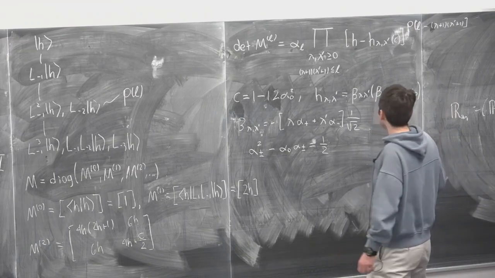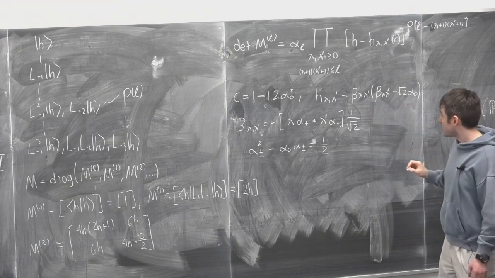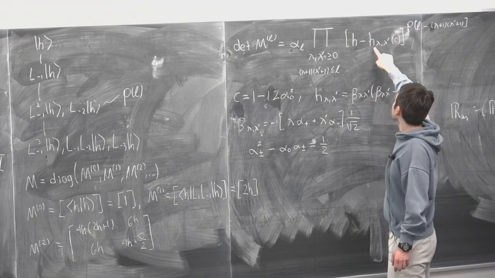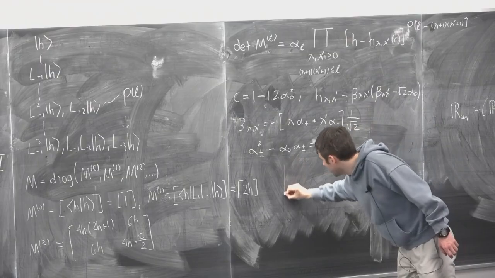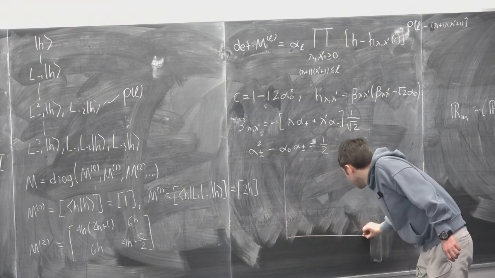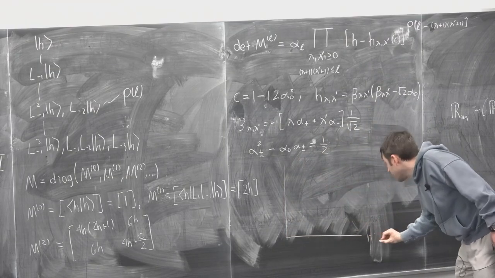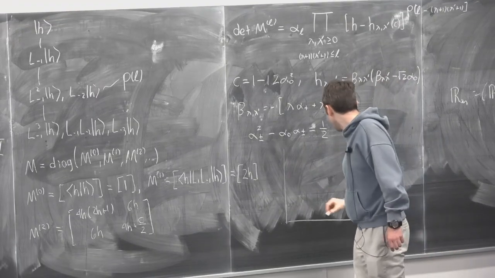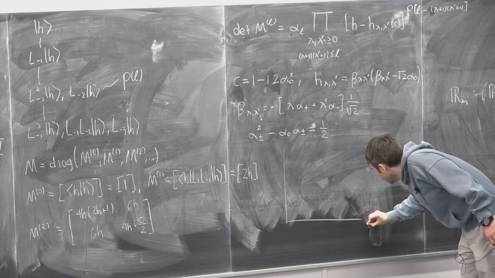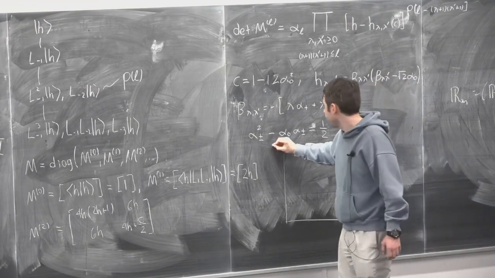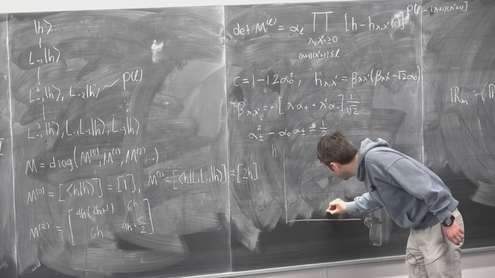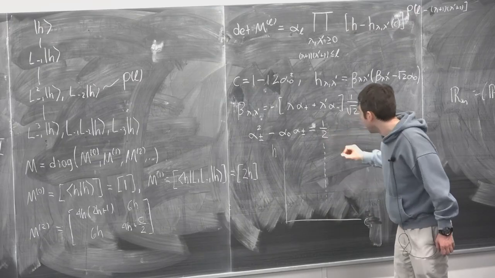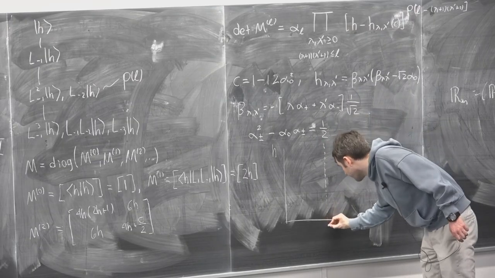But what I want to say is that you can plot these roots in the CH plane. And what you'll quickly find is that they all lie on the left side of this line, which says c equals 1.